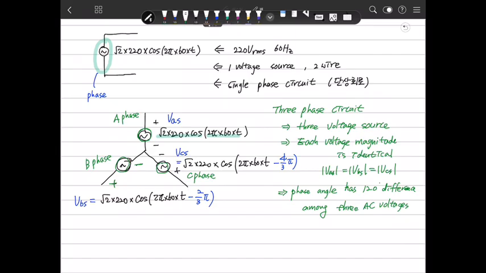So this is 0 degree, and this is minus 120, this is minus 240. So this is a 3-phase sequence.